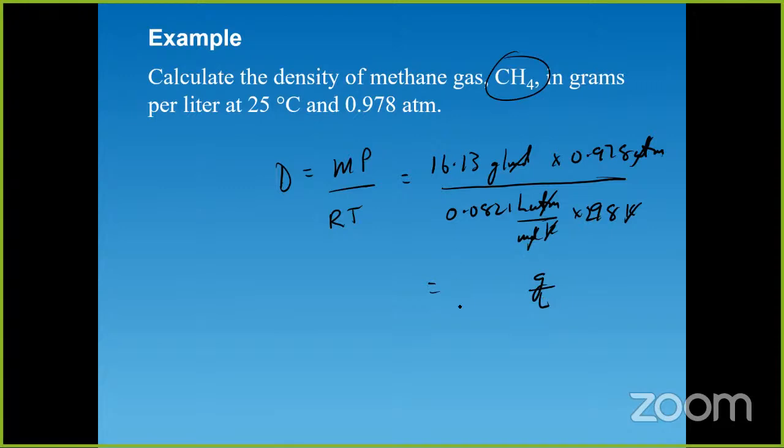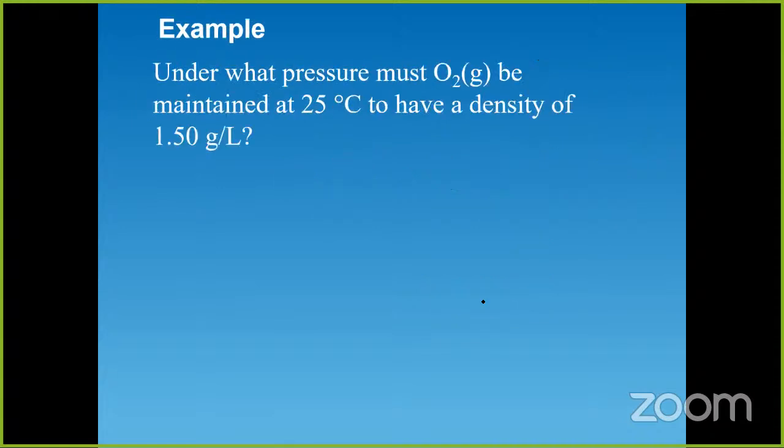According to my calculations, rounded off to 3 sig figs, you end up with 0.645. That would be the density of methane gas under those conditions. Any questions about this one? All right, here's another example.